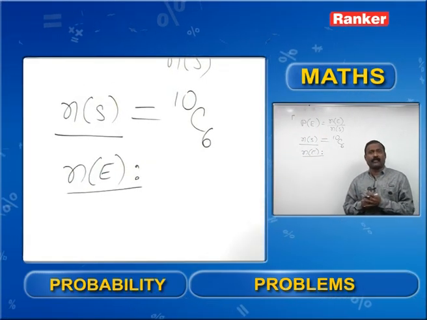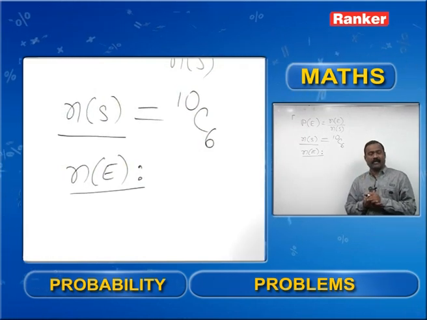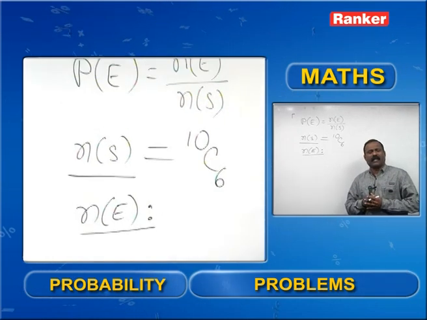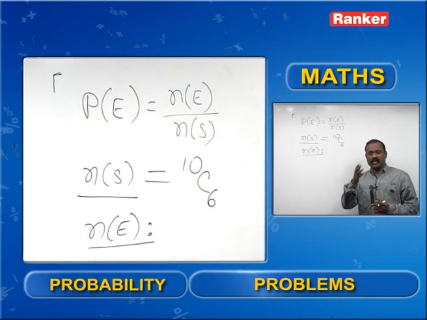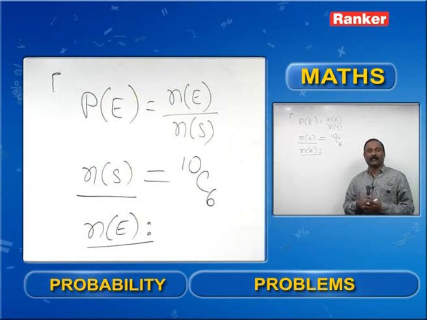6 articles are chosen, and the restriction there is, if more than 2 articles are defective, then the entire consignment will be rejected. So we need the probability for the consignment to be rejected.